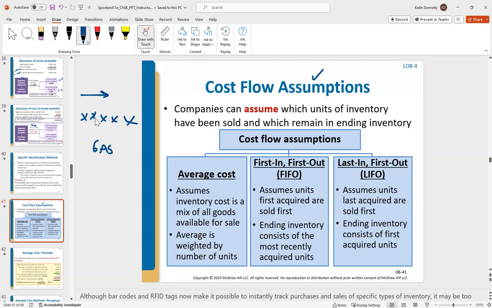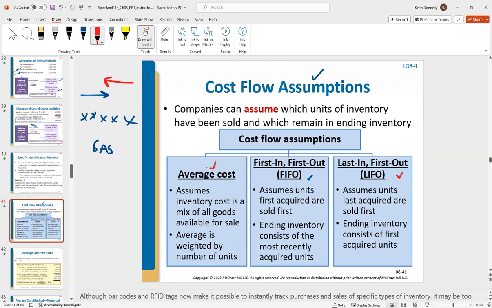That's what we sold. That's one way we could do it, which would be FIFO, first in, first out. You could do the reverse, LIFO. You make an assumption, look, we're going from the newest to the oldest. Those were the three we sold. And whatever you have left over, that's your ending inventory.